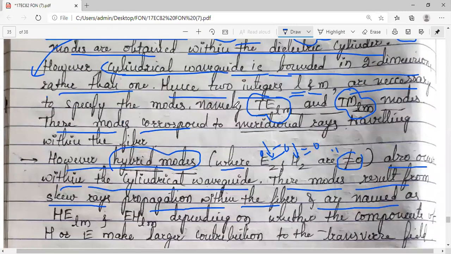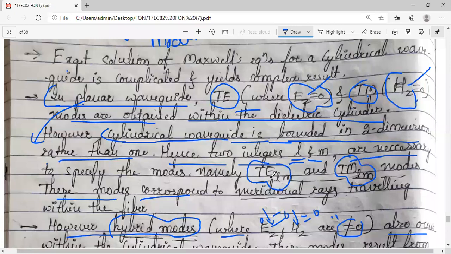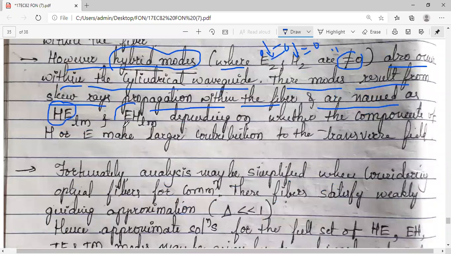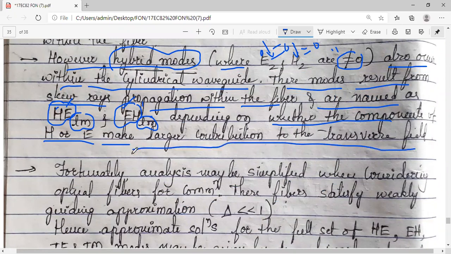Here they were TE and TM, but here they are HE and EH, magnetic and electric, electric and magnetic. Depending upon the integer values L and M, the modes are defined depending upon the components of H or E which make the larger contribution to the field. Whichever is dominant, that component is used.